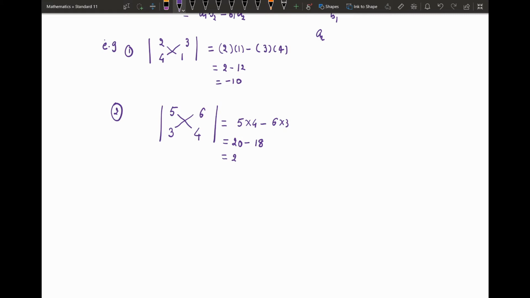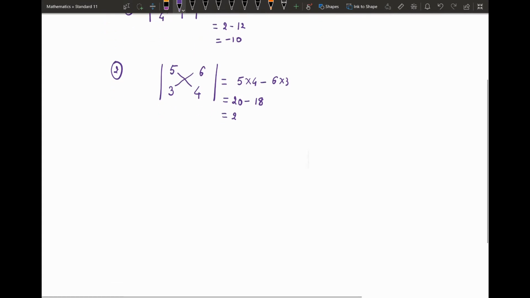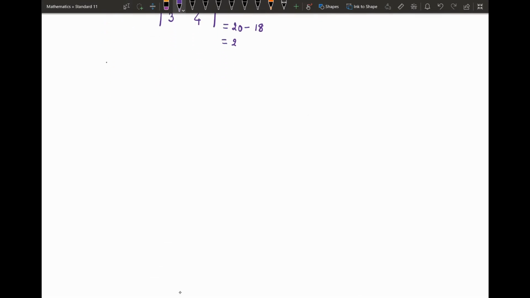In future we shall have to expand 3 by 3 determinants, and in the expansion of a 3 by 3 determinant one has to use the expansion of a 2 by 2 determinant. So first one has to learn how to expand a 2 by 2 determinant. Now we discuss the expansion of a 3 by 3 determinant.